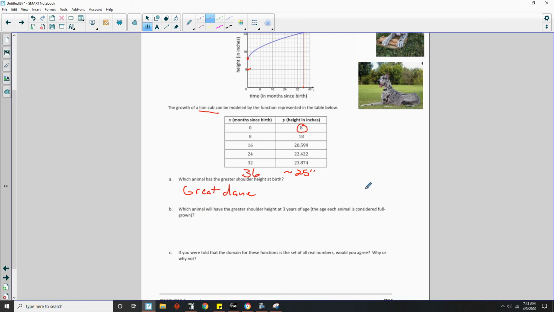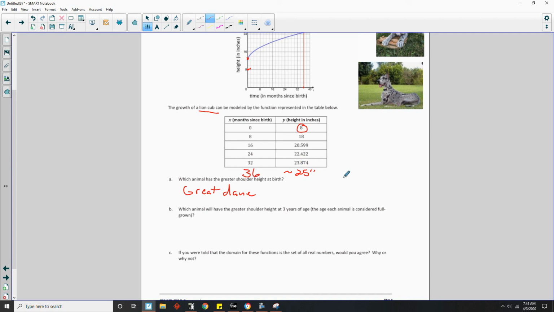Looking at the table of values, the average rate of change for each interval is decreasing. Okay, this is going from 8 to 8. That was 10. This was only 2.599, and this was less than that, and this was even less. This was 1.4 approximately. So it's decreasing, so the growth rate decreases.